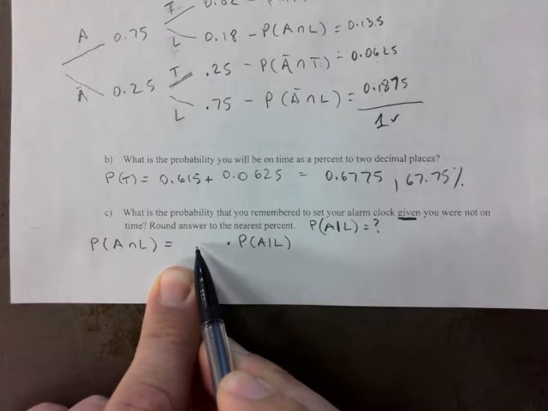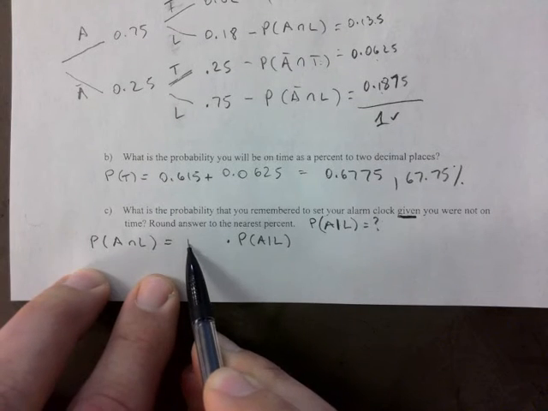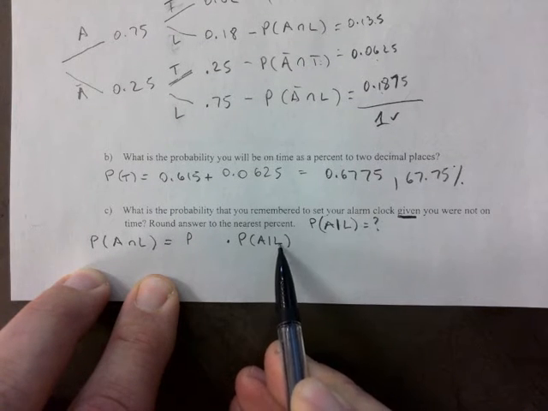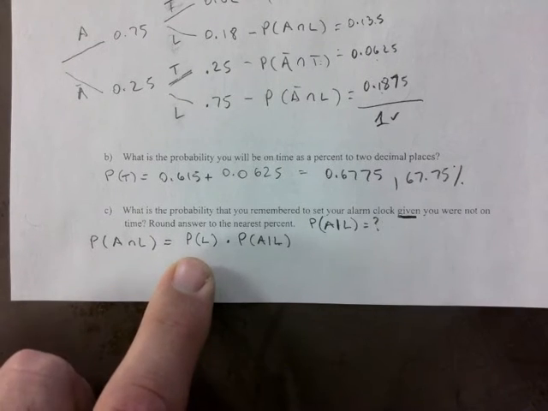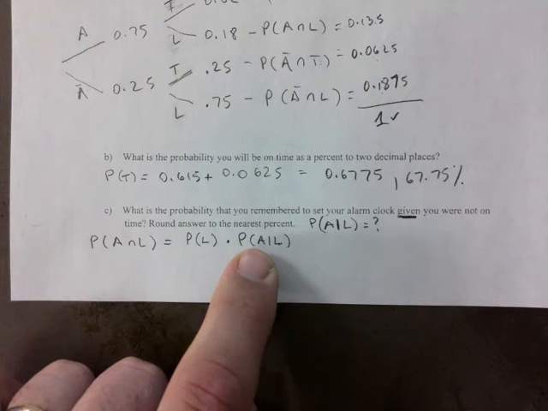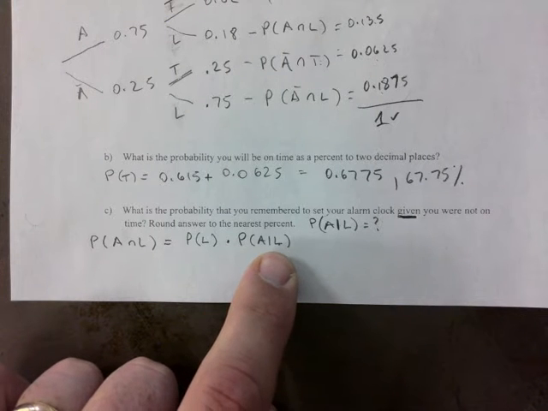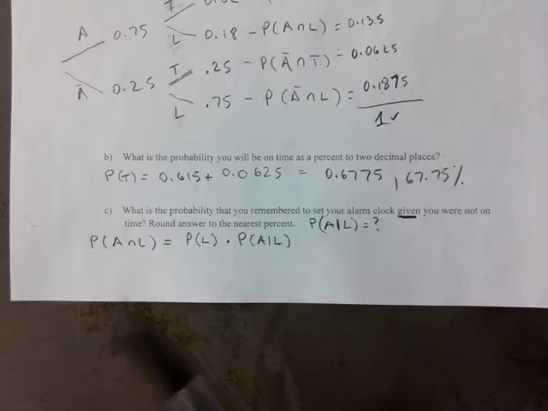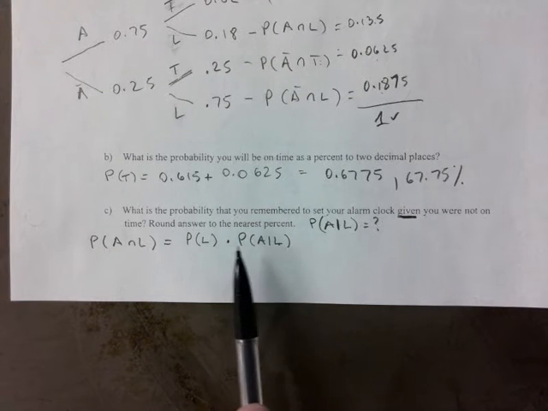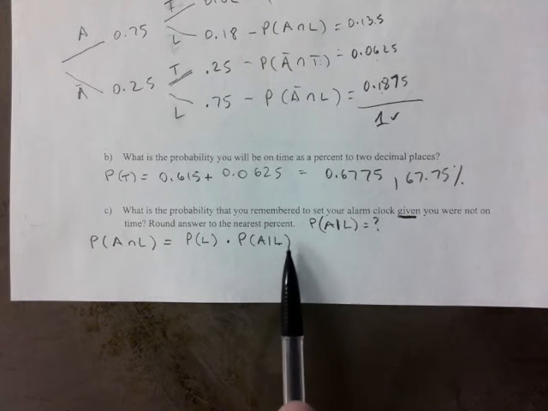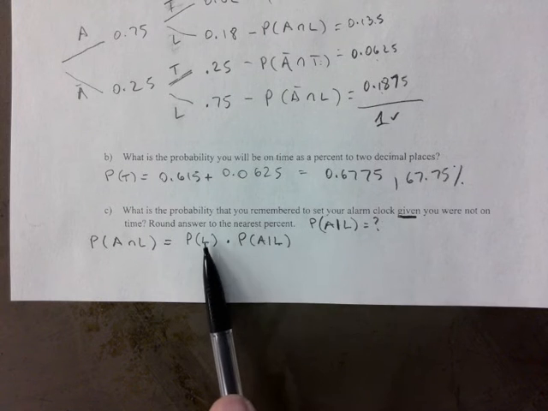What already happened? The given, right? Like the late. This happened, and now you're trying to figure out the probability of setting the alarm given that you were late. So it's almost LOL, right? LAL, but that's a pattern. This given part is what comes first.